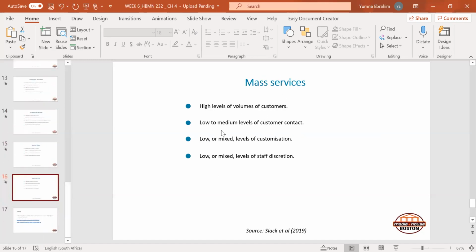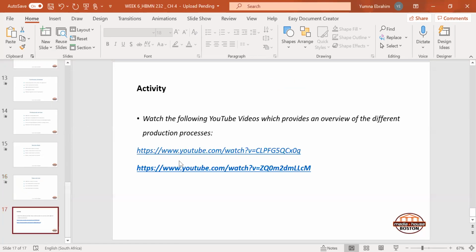And then mass services as well, with very many customers and low to medium levels of customer contact. Once again, I want you to think of an example. Look in the textbook, think of other examples, and in the Zoom session, we will discuss more media-focused examples of all of these processes. Okay, and then these videos will give you a bit of overview on the different processes.